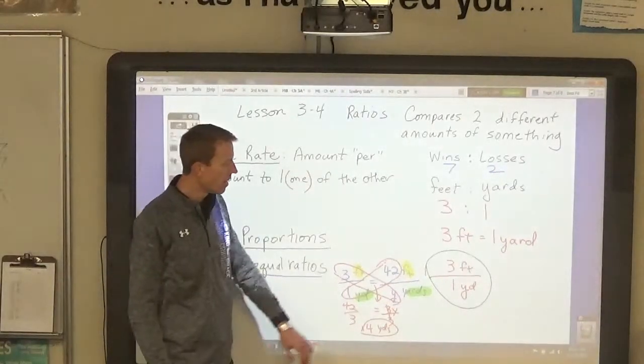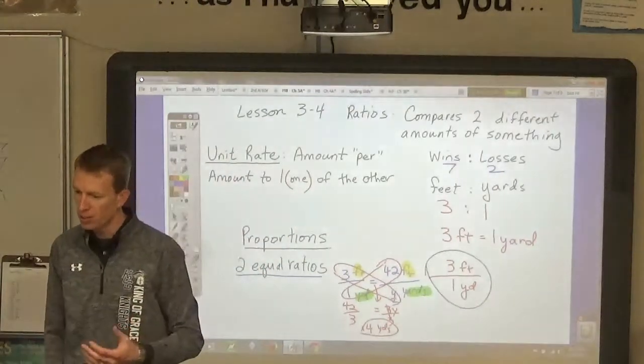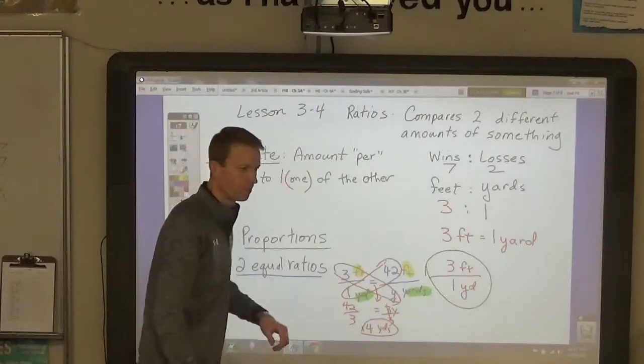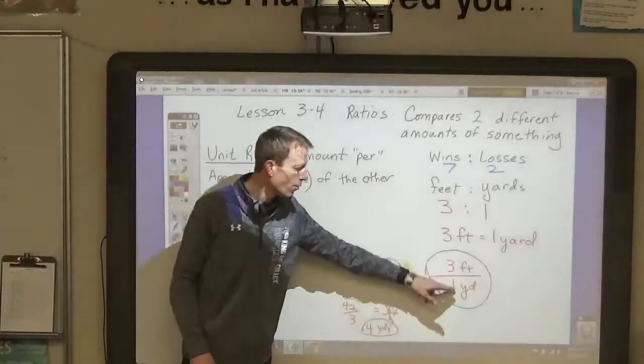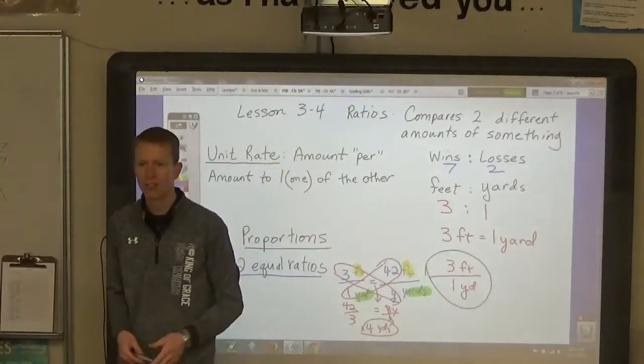These numbers that are ratios that you can use to convert are called conversion factors. 3 over 1, 3 feet to 1 yard. What are some other conversion factors?